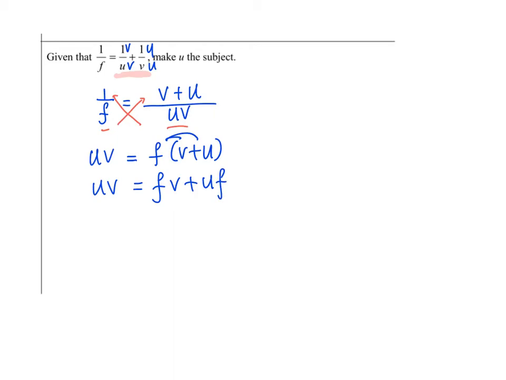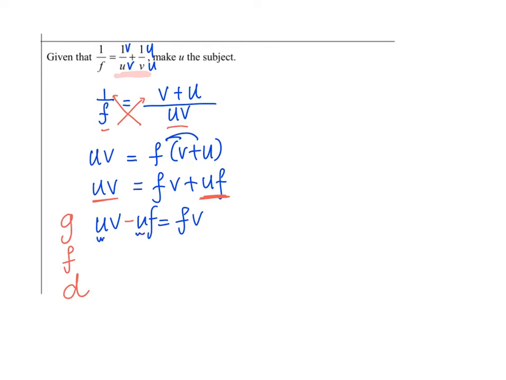Now this question says make u the subject. Okay, so I'm going to use GFD. Group together uv and I'm going to bring the uf over, that's minus uf, and left with fv on this side.